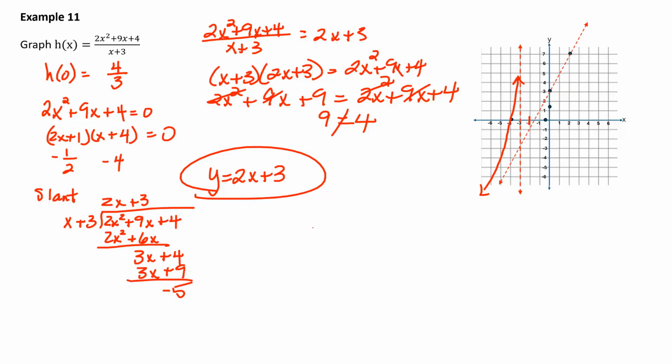If we put h of -2, we have 2 times 4 is 8 plus -18 plus 4 over -2 plus 3, and that's -6 over 1. So -6 at -2 is down there. It's not going to be up there in that V shape. It's going to be down here, where, as it goes from left to right, it will approach that vertical asymptote from the right side, and then approach the slant asymptote as it goes through the 0 at -1/2, goes through the y-intercept, and continues to go up.